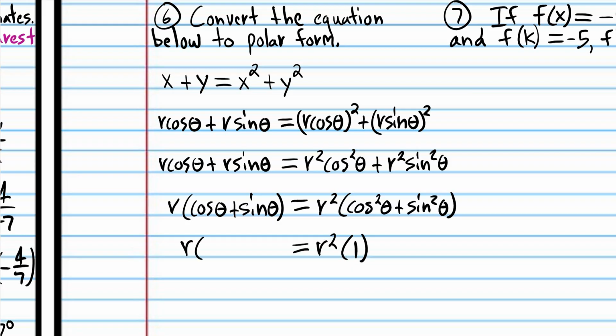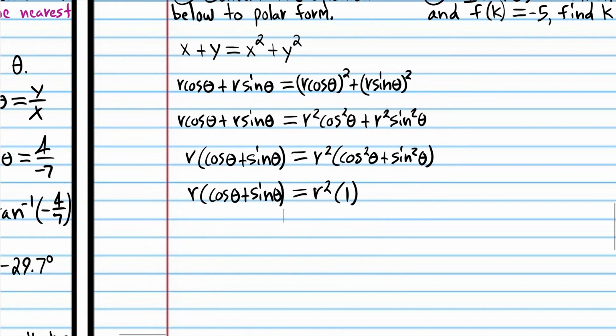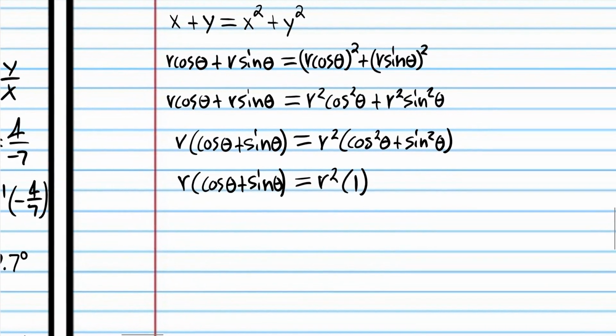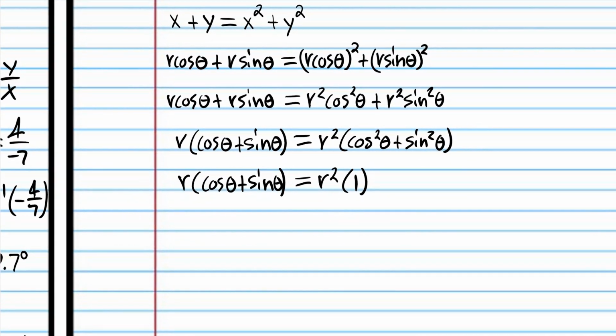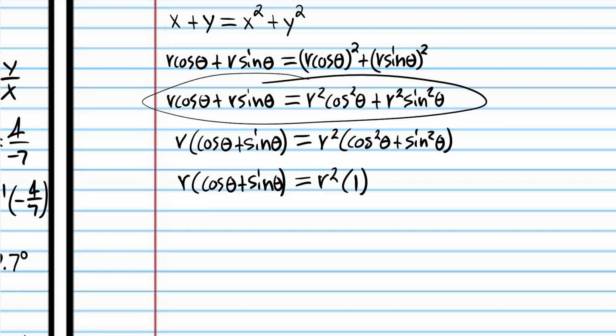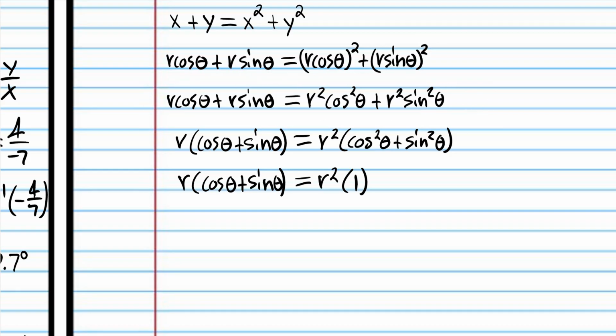And again, you don't really have to factor out the r's. You can just divide by r, and as long as you understand how to cancel things out, you can do it that way. So if you divide both sides by r, you would just get cosine theta plus sine theta is equal to r times cosine squared theta plus r times sine squared theta.